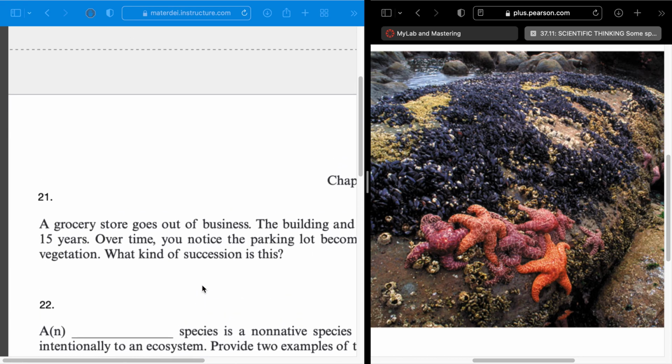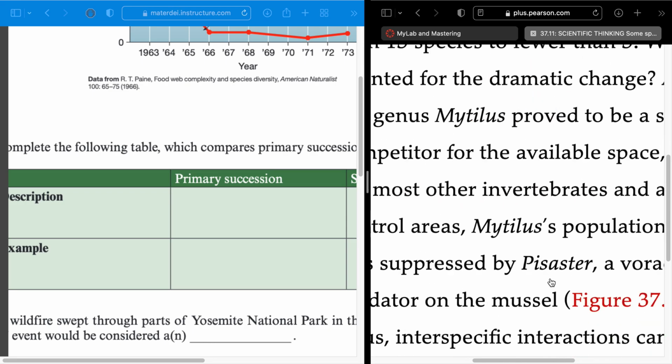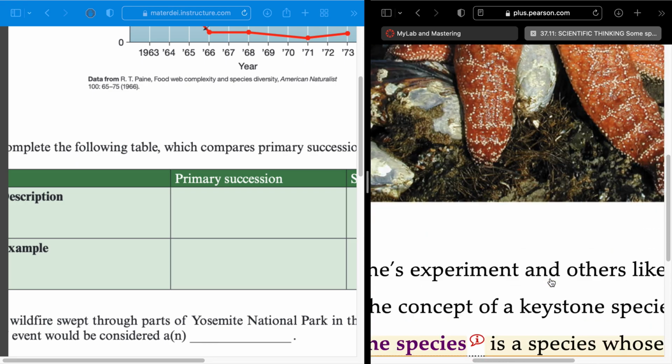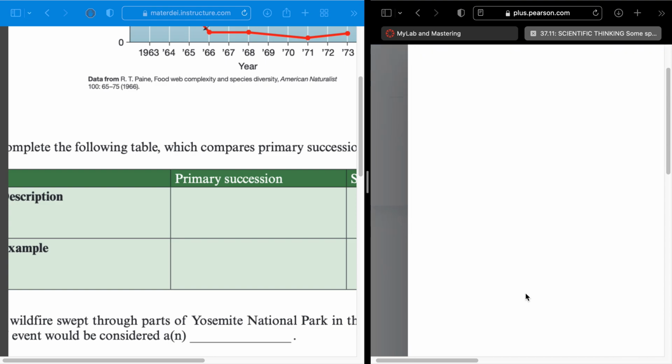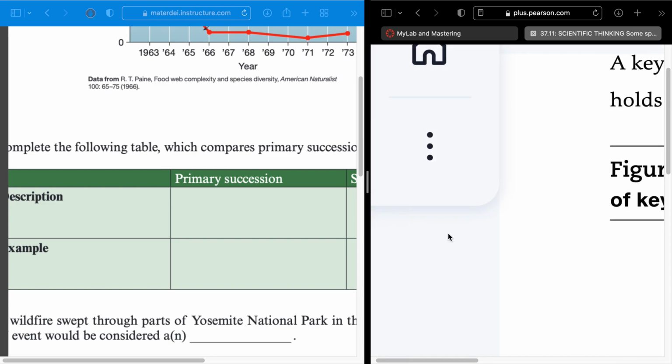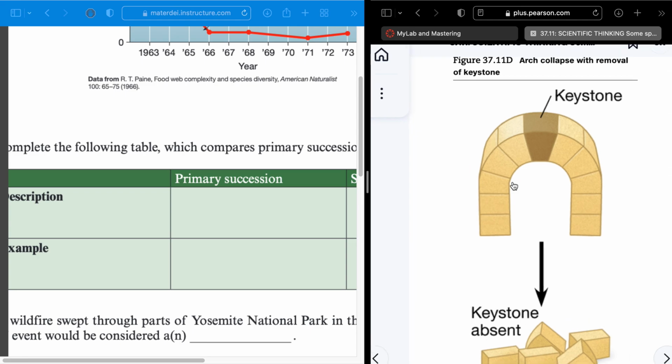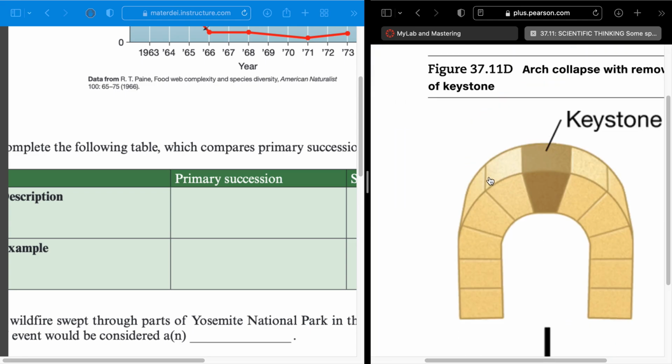The word keystone represents the main stone that is in an archway. In ancient times, when they would just pile bricks on top of each other, they could make an archway like a door. And that last one that goes at the top is called the keystone. It's a wedge.